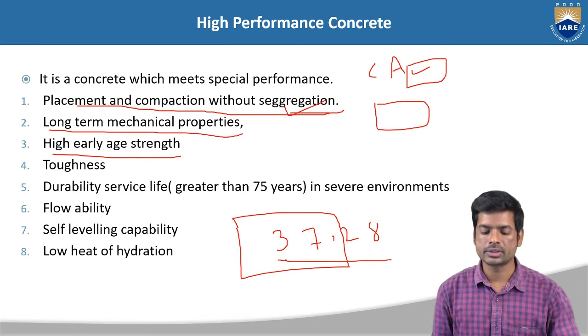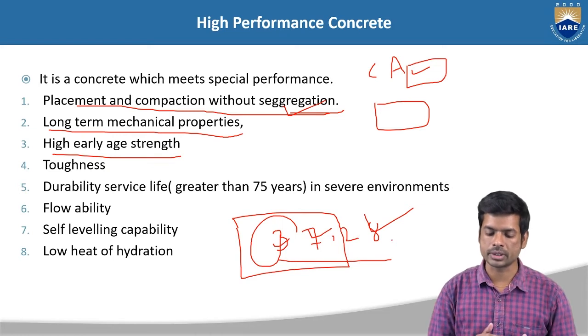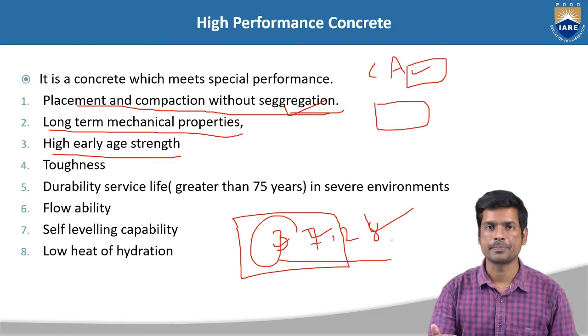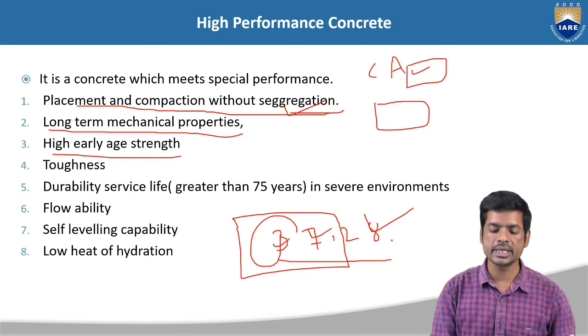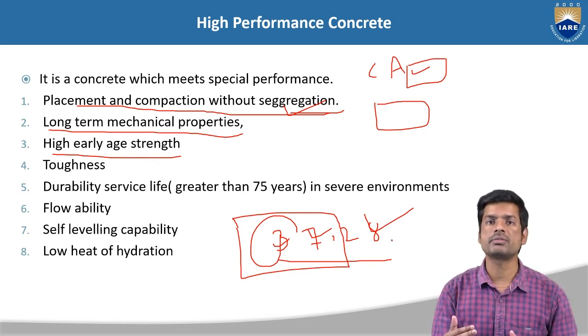At 3 days the strength will be different, at 7 days different, and at 28 days different. That means with time, the strength is also increasing, right? So here the early days, that means 3 days and 7 days strength, will be very high when you compare with other types of normal conventional concretes.